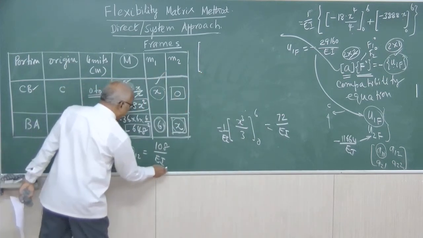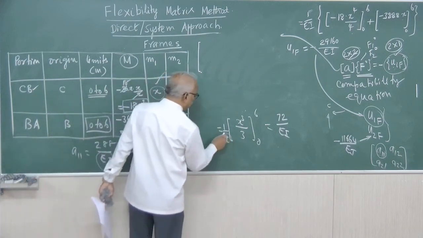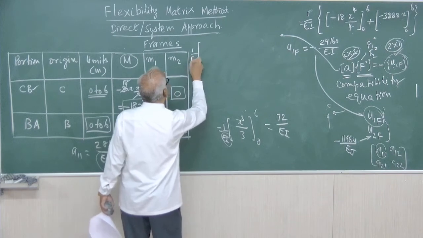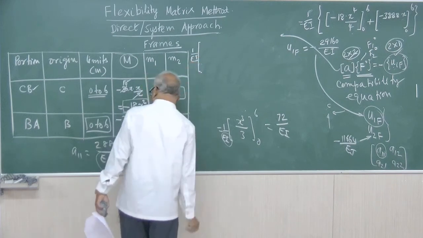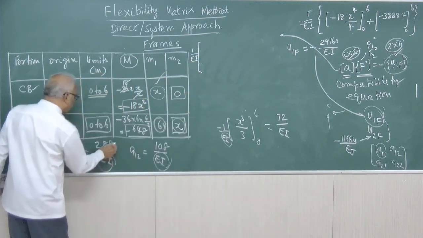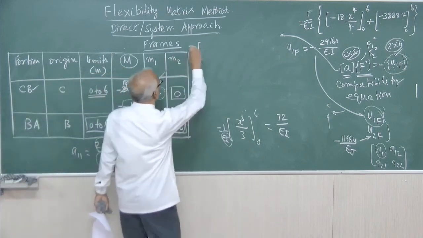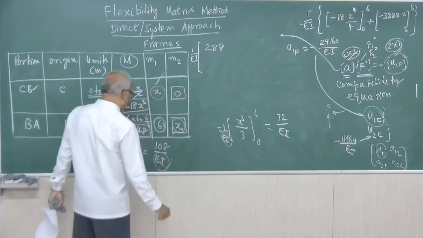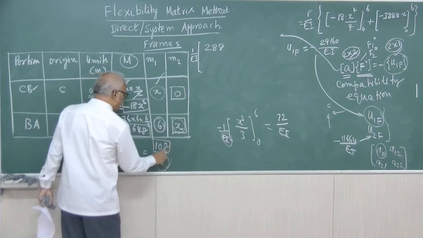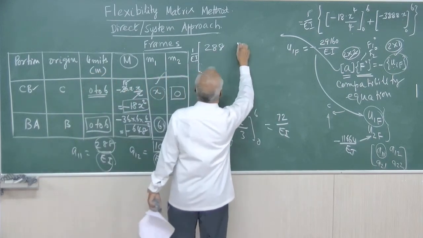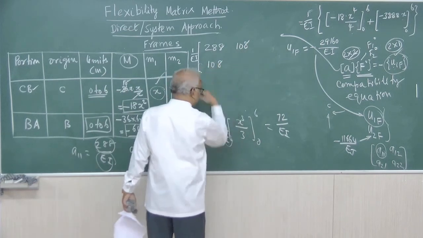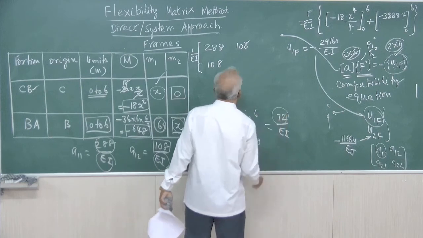We can take 1 by EI outside, equal to 1 by EI. A11 equal to 288. A12 or A21 equal to 108. So, this is 108. This is also 108. And A22 equal to 72.